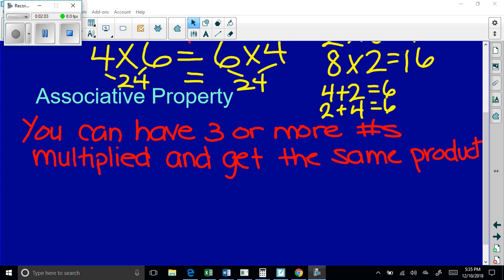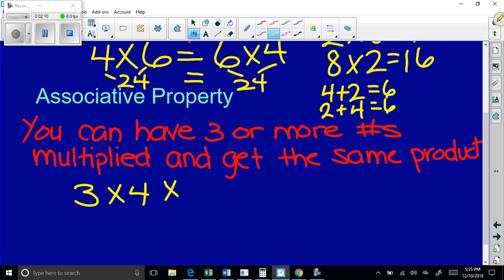So for instance, I could have 3 times 4 times 2. And if I put 3 times 4 in parentheses, parentheses is a clue that you should multiply what's inside of those first. So if I look at this problem and I do 3 times 4 first, I get 12.